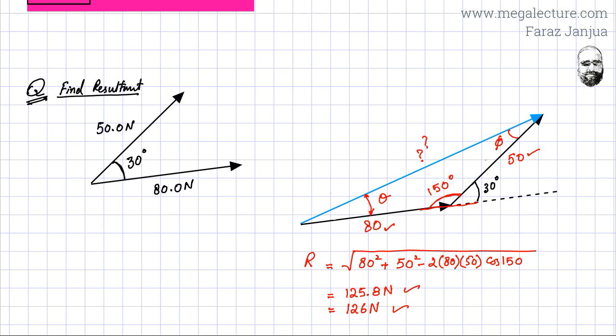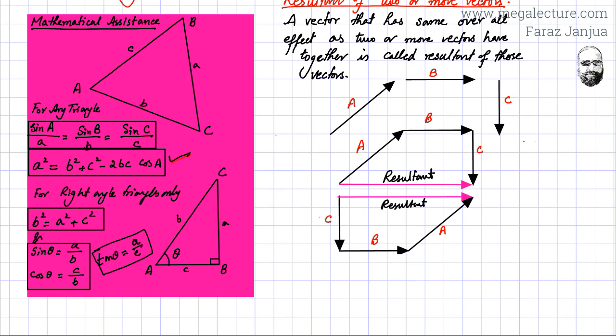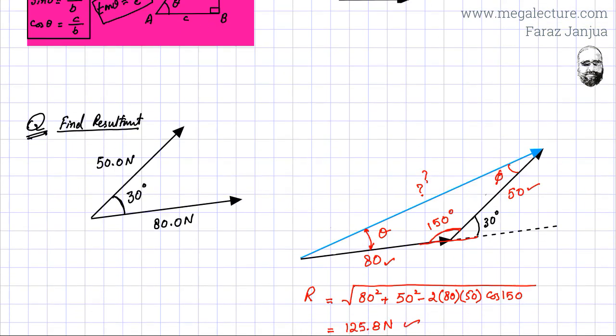But how will you calculate it? Let me take you back to the other part of the mathematical assistance I showed you earlier. This is your helper in this case. Sine A over A equals sine B over B equals sine C over C. So you can use any pair of known side and angle to find a missing side or missing angle. In this case, we have a missing angle.